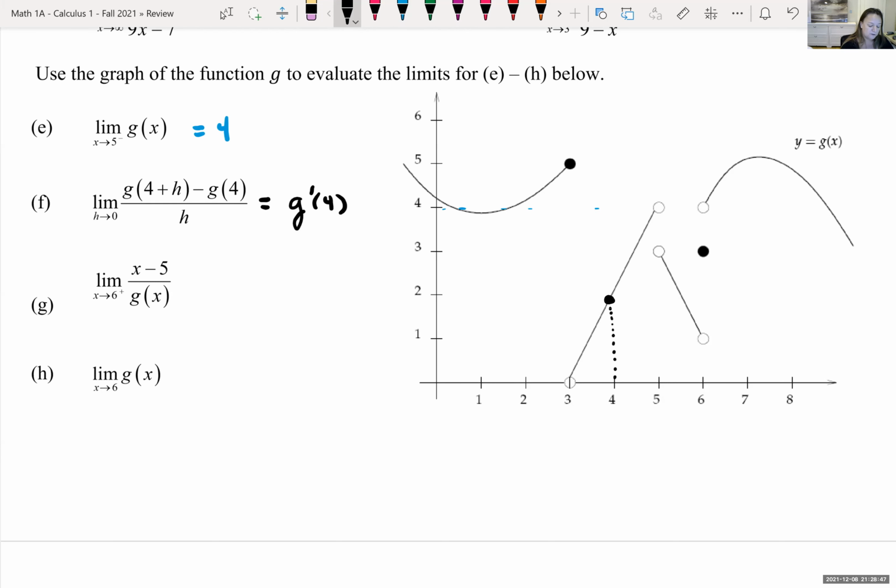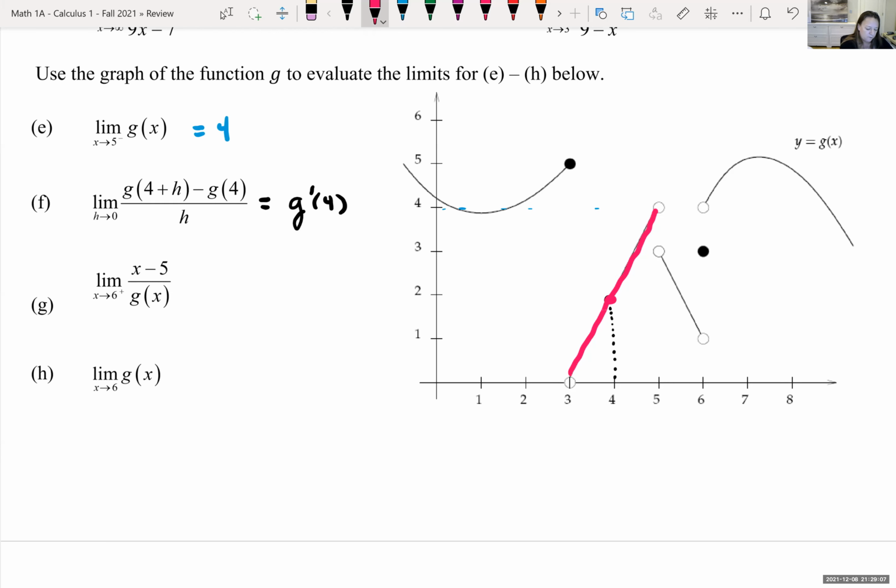So when x equals 4, we're going to need to figure out what the slope of the line is. The slope of the tangent line at x equals 4 is the same thing, because this is a line, as this. So to find the slope, we're going to need 2 points on the line.